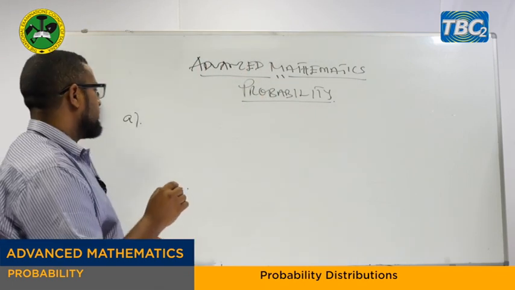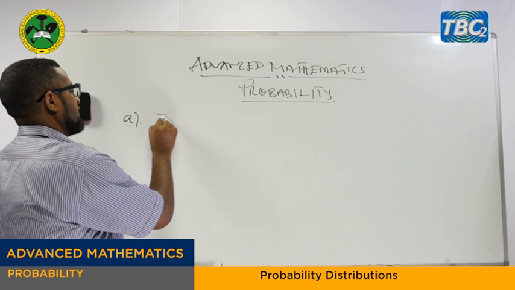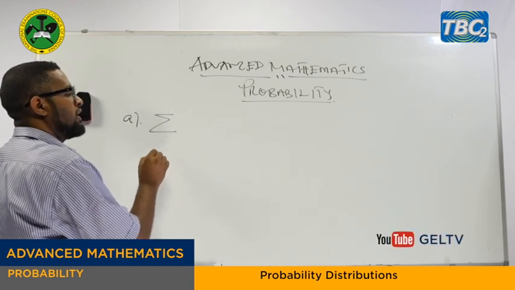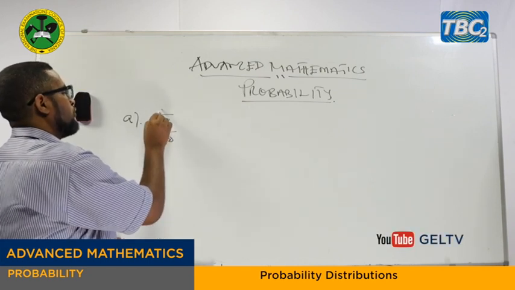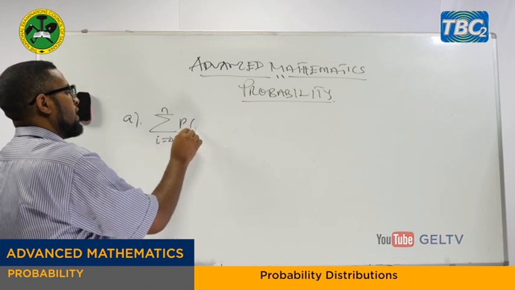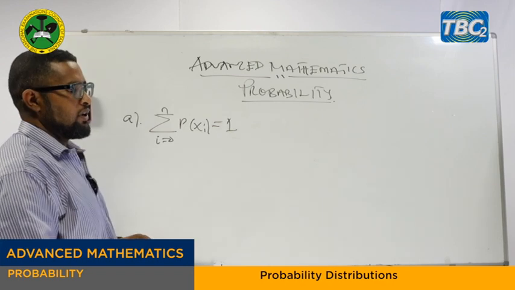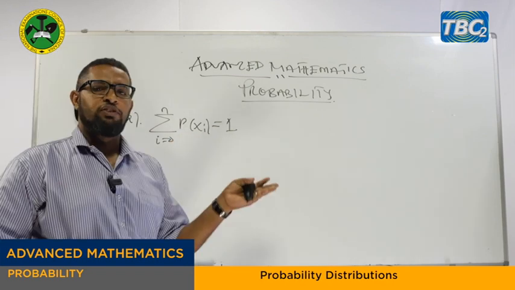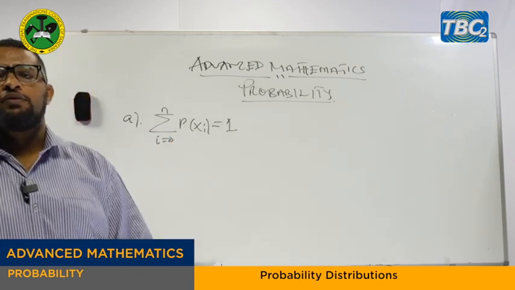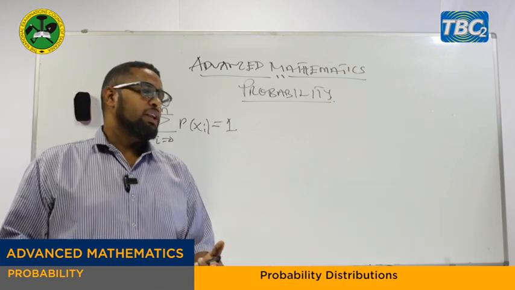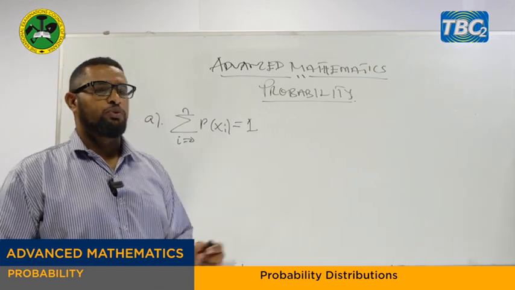So formula number one is that the summation of probability is always equal to 1. This one is used when you are adding any given number of probabilities, and you are supposed to get 1.